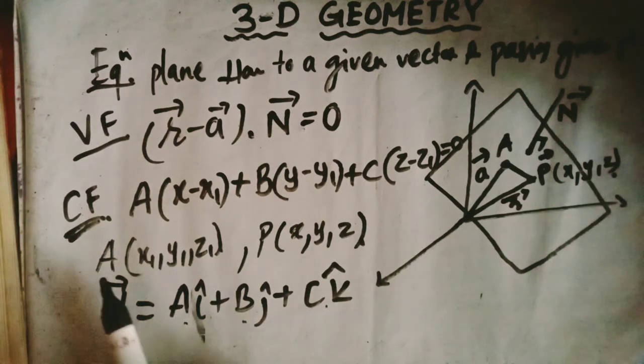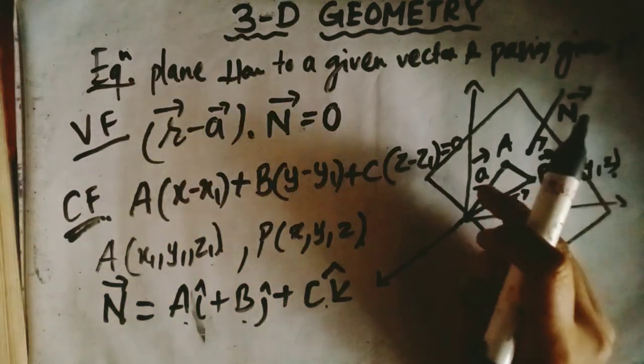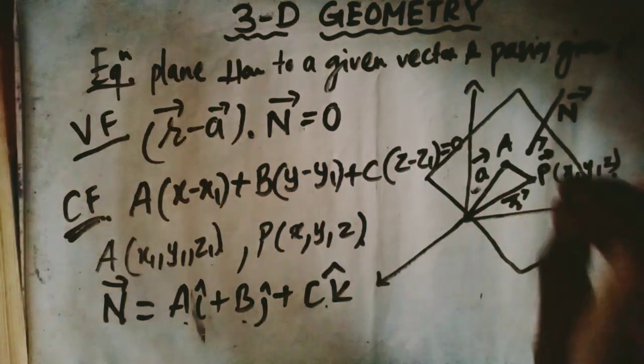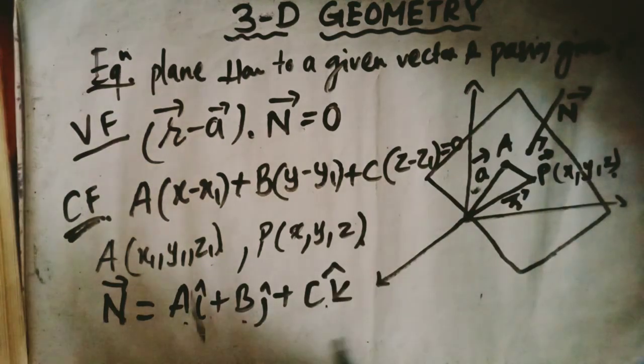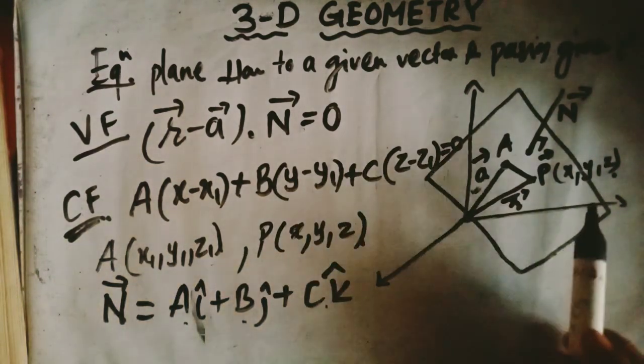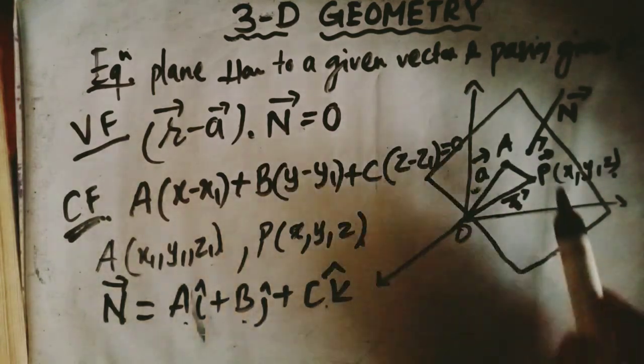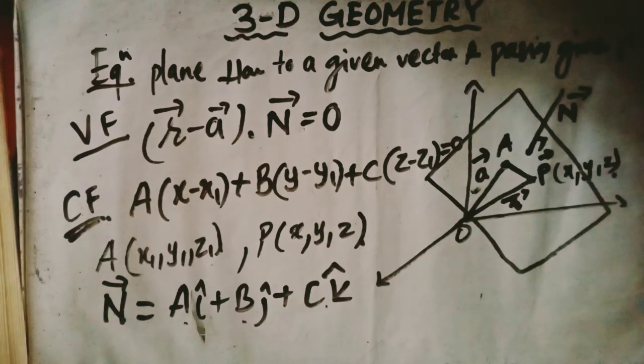Okay, so for A it is x1, y1, z1, that is your vector A. Okay, through that point the plane is passing. Then P vector xyz, that P point, which is for position vector r xyz, and N, that is a perpendicular normal vector, for that it is ABC.